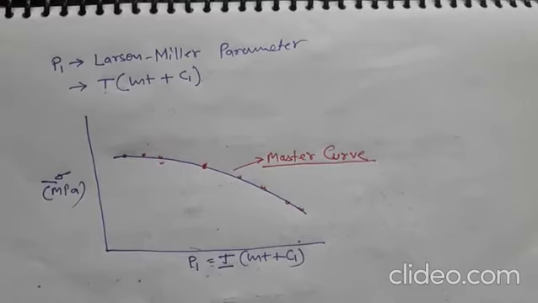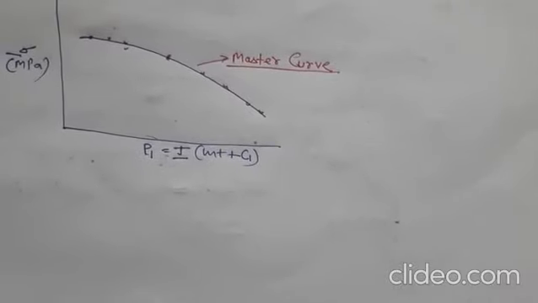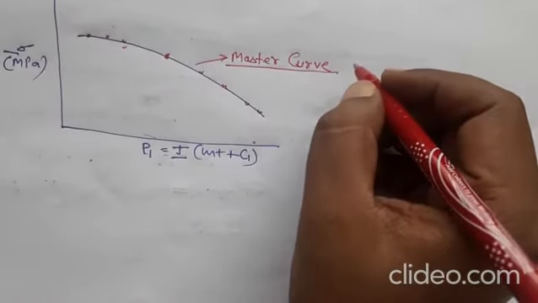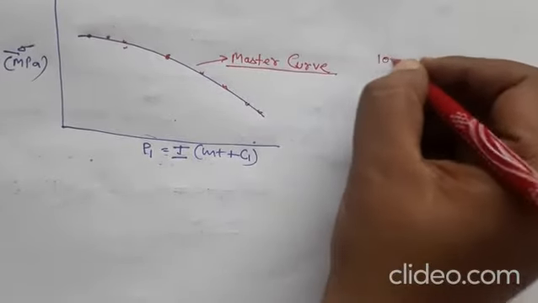So we will do a quick example of this, which is also given in the textbook, but just for the understanding we will try to do this quick example. So let us say that we want to find out the stress at 100,000 hours.